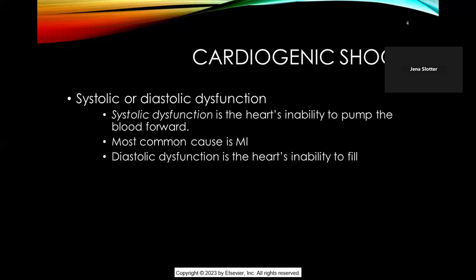And this is mostly going to affect the left ventricle because our systolic pressure is greater on the left side of the heart. The most common cause of this is an MI. Well, we'll come back to that.